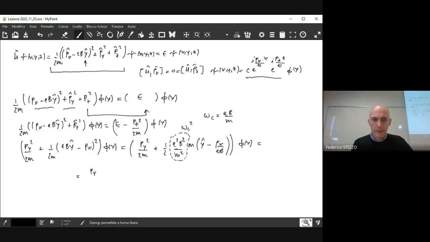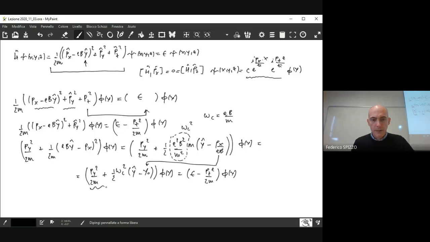So at the end we have py squared divided by twice the mass of the electron plus 1/2 m omega c squared times the operator y minus px divided by eB, which is a constant, a number. I call this y0. So y0 is just px divided by eB, and this is applied to phi y and is equal to energy minus pz squared divided by twice the electronic mass times phi y.